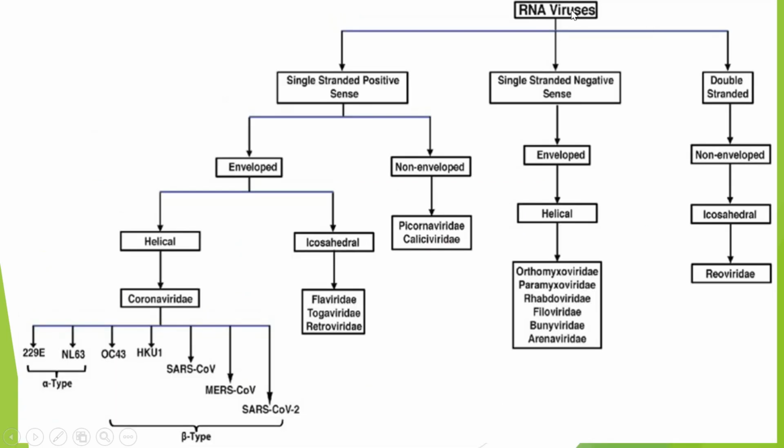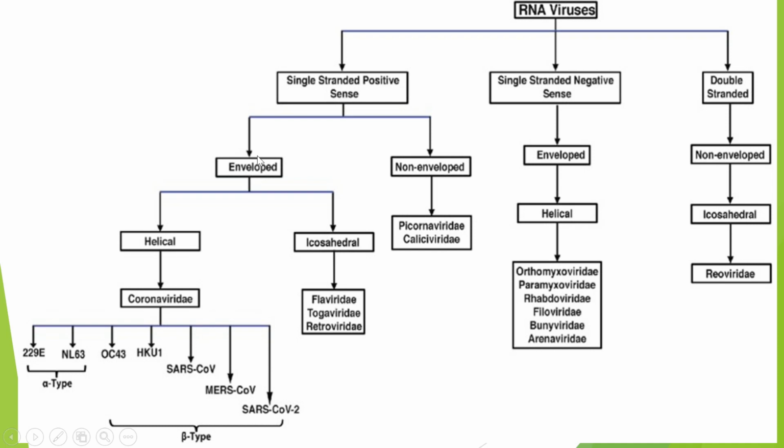RNA viruses are further divided into single-stranded positive sense, single-stranded negative sense, and double-stranded. Single-stranded positive sense is further divided into enveloped and non-enveloped. Enveloped is further divided into helical and icosahedral. Coronaviridae come under the helical structure, and Flaviviridae, Togaviridae, and Retroviridae under the icosahedral structure.